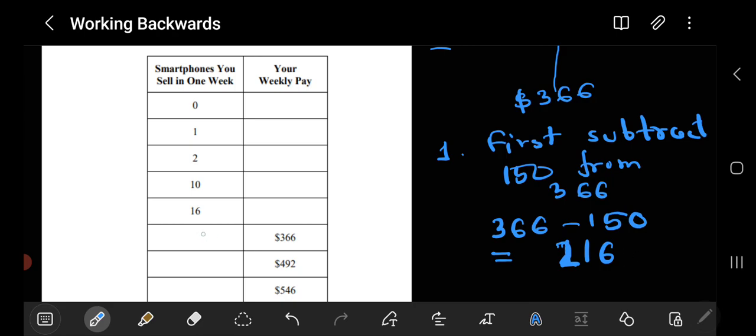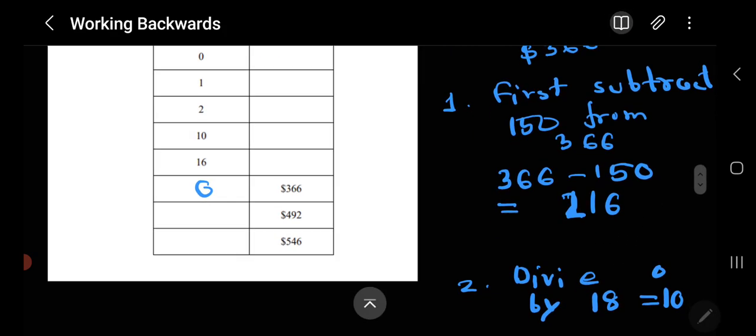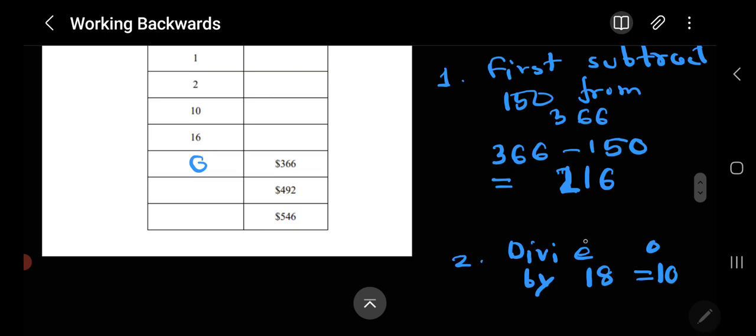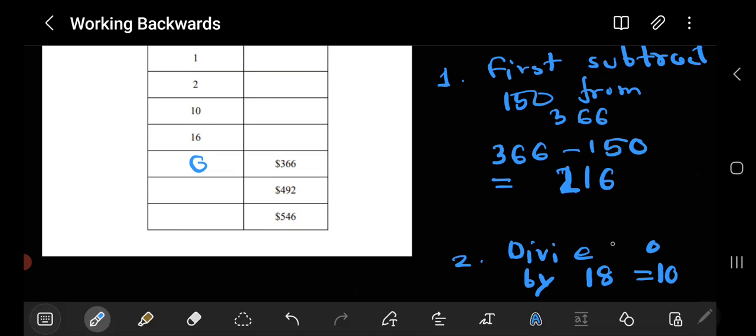So now you have to figure out the number of smartphones. Remember, for each smartphone you were making $18. So that means you now have to divide. That's our second step: divide the 216 by 18.